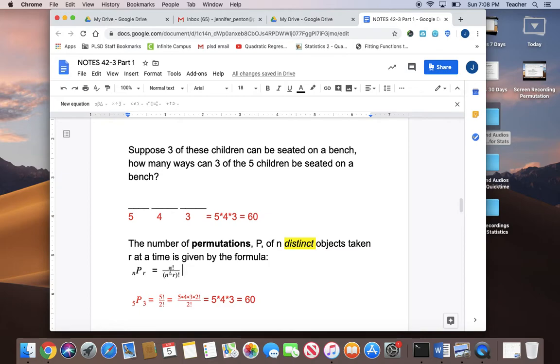So that's equal to n factorial, so 5 factorial, over n minus r, so in this case 5 minus 3, since I'm taking 3 at a time. 5 minus 3 is 2, so 5 factorial is 5 times 4 times 3 times 2 factorial, divided by 2 factorial. The 2 factorials cancel, and I would get 5 times 4 times 3, or 60. The same thing that I got up here. So if you have n distinct objects and you're taking r at a time, you can use this formula.